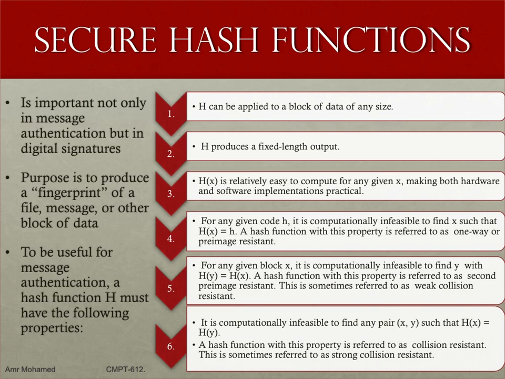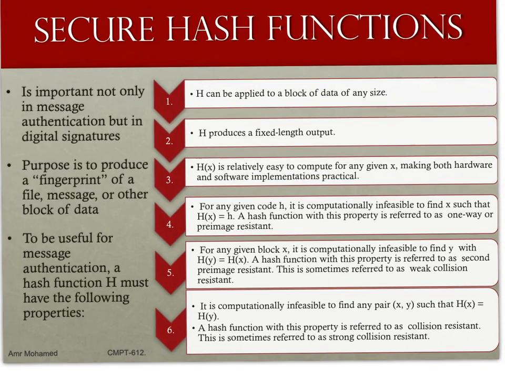Okay? And to be useful for message authentication, the hash function needs to have these properties. In order to be used for message authentication, we need to highlight these properties. These properties are very, very important, especially the last two.